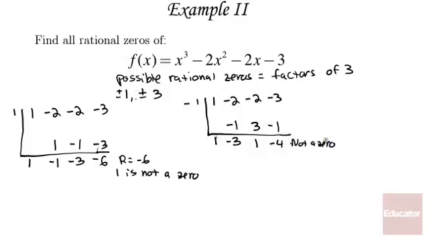Okay, next possibility, 3. So let's try 3. Coefficients 1, negative 2, negative 2, negative 3.